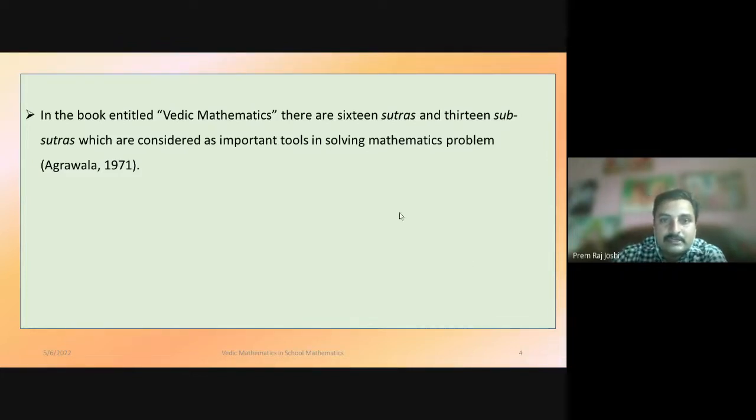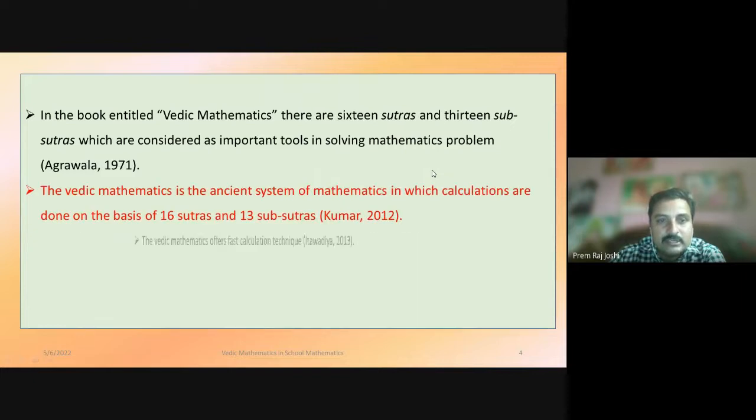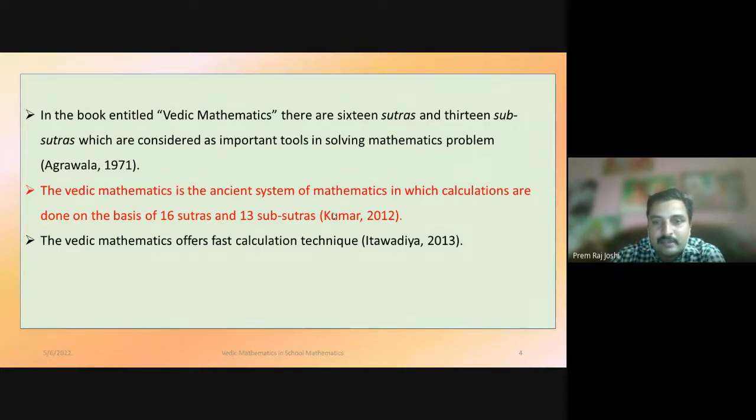In the book Vedic Mathematics, there are 16 sutras and 13 subsutras which are used to solve mathematical problems or to do mathematical calculations. Various mathematical calculations can be done on the basis of these sutras.